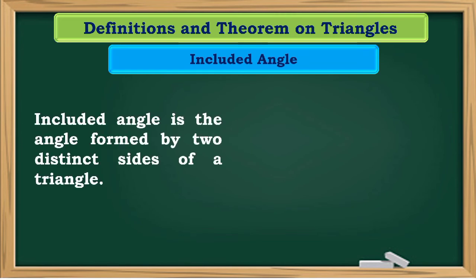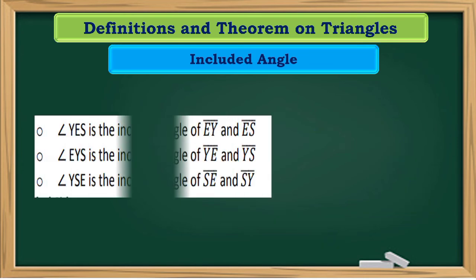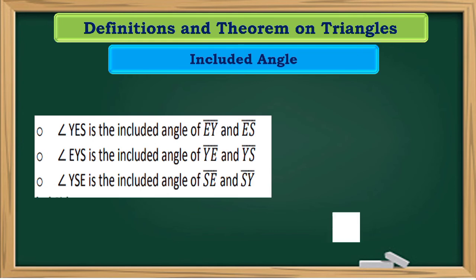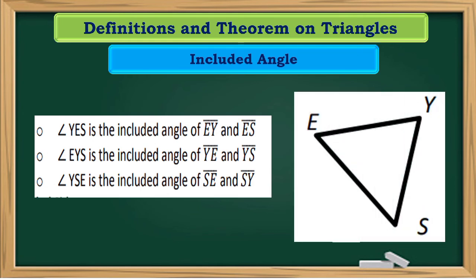Included angle. Included angle is the angle formed by two distinct sides of a triangle. So we have side B and side C. The included angle is angle A. For example, we have here angle YES is the included angle of EY and ES.